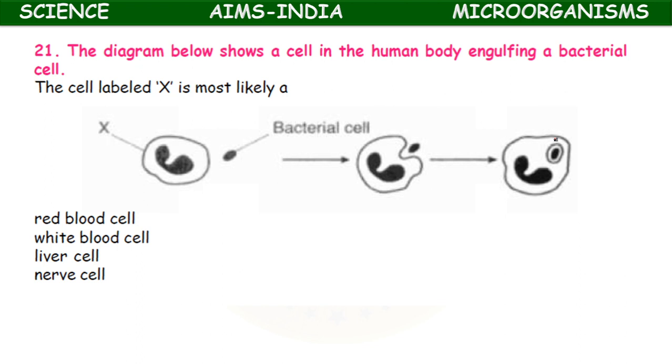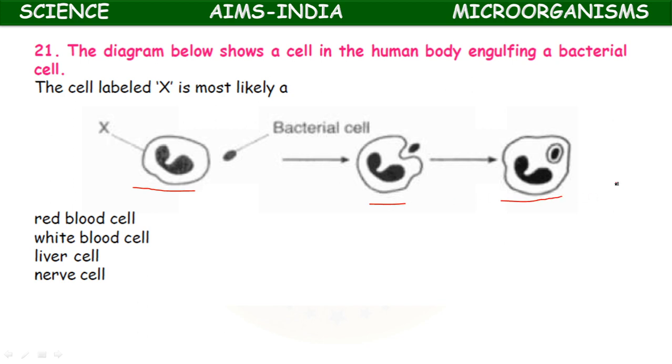Next question. So here the diagram below shows a cell in the human body engulfing a bacterial cell. The cell labeled X is most likely a, what is the cell labeled X here? So, this is the cell, it is engulfing or eating the bacteria like this.